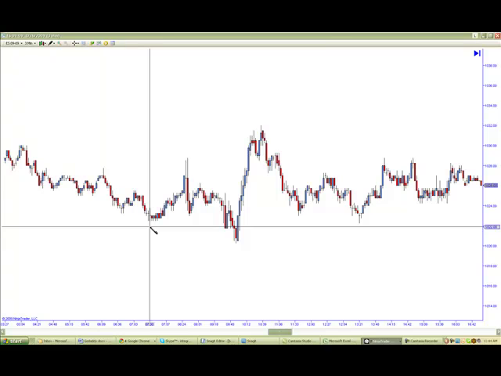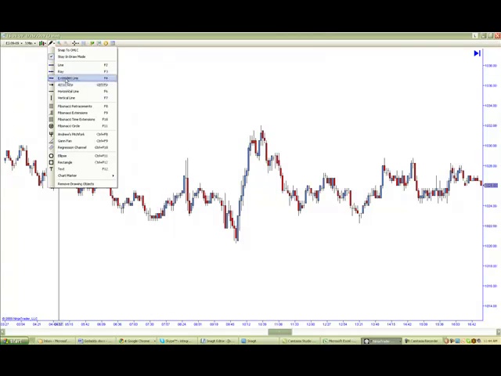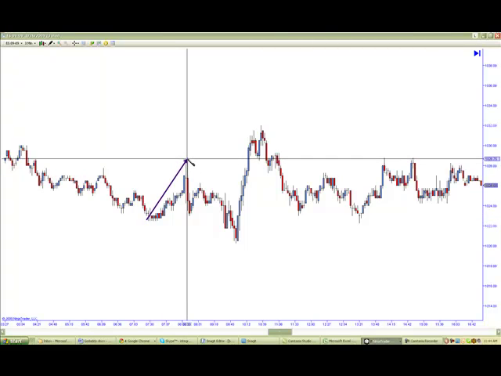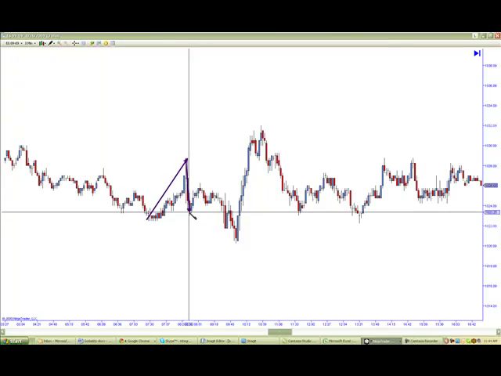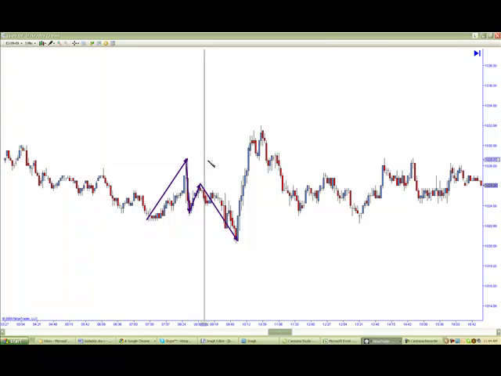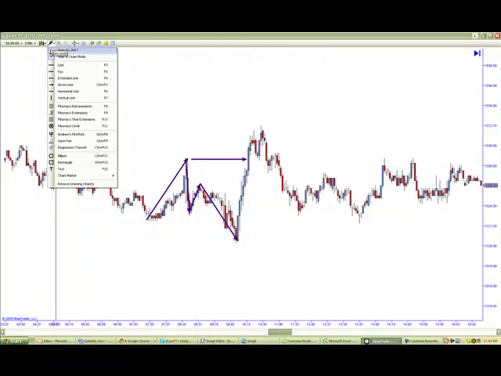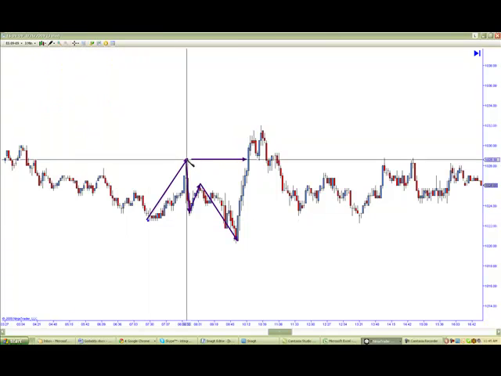If we come back here, we see a leg. Clearly this comes up. And then we get a lower low, a lower high, and then a lower low. But now we come back and we do what? We test this high. But we have a tool that tells us where to expect resistance.